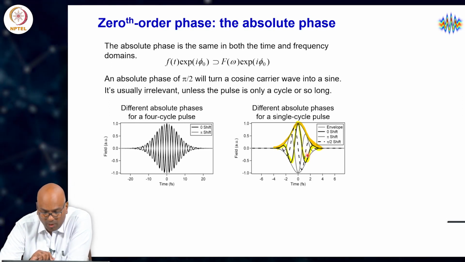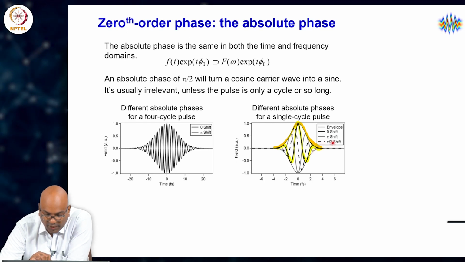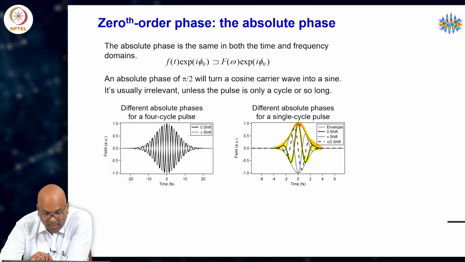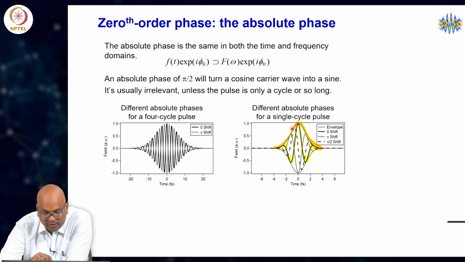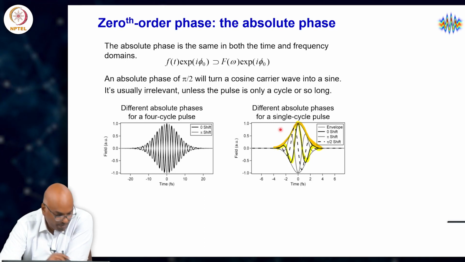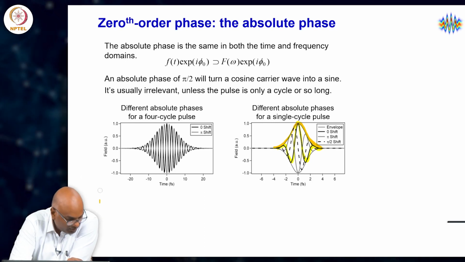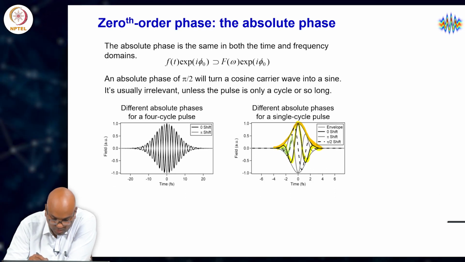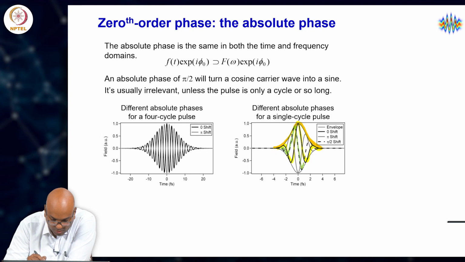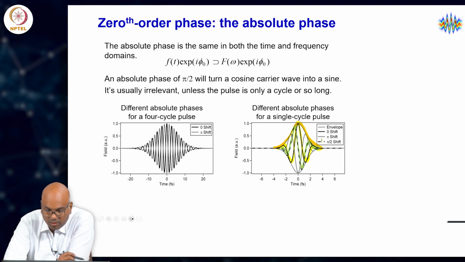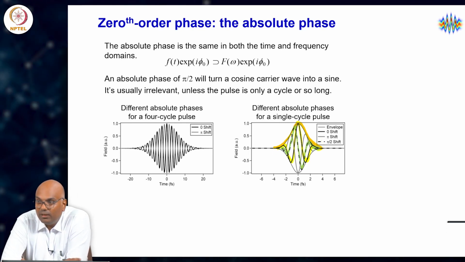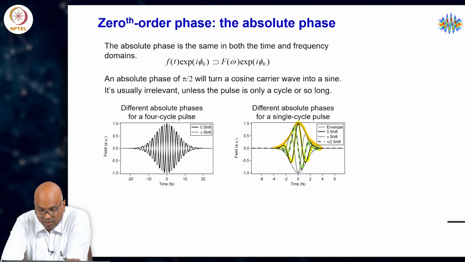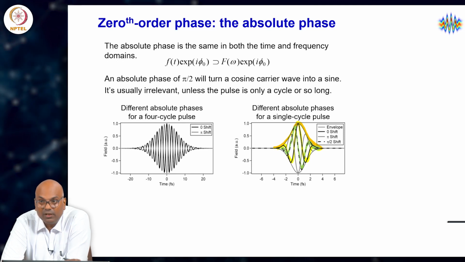If we now have a pi over 2 phase shift of the maximum of the envelope, and it is the nearest maximum to it of the carrier, which would be related to the pulse with 0 phase shift the same way a cosine and sine function respectively are related.